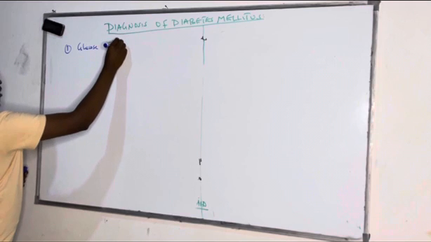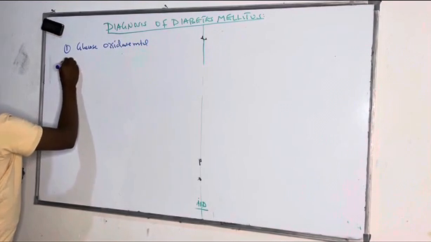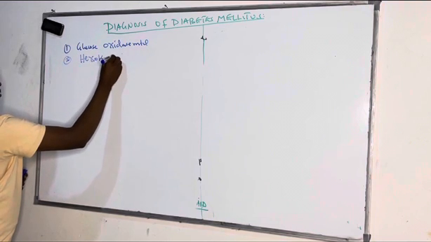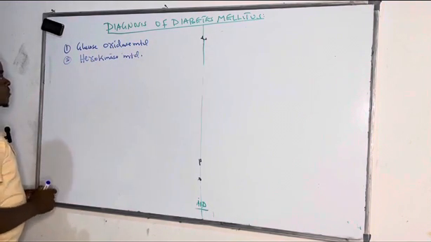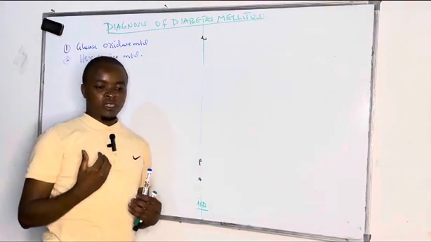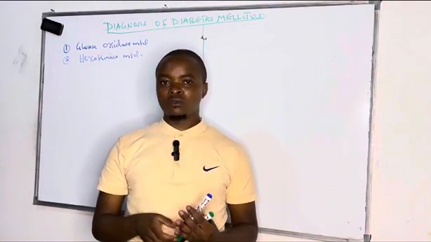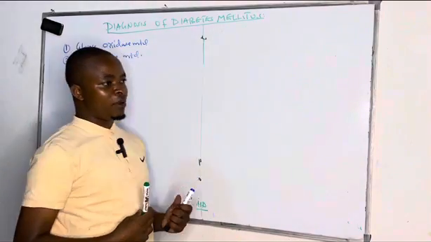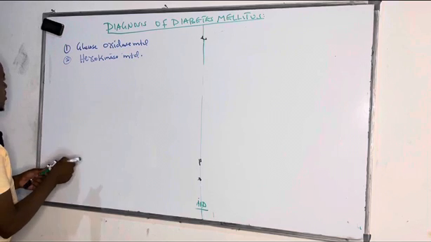So in this session we are going to cover the glucose oxidase method and the hexokinase method of glucose determination. Because it is always important to determine glucose in our laboratories to rule out diabetes. So this is the role of the laboratory, to always ensure they give the right results using these methods.